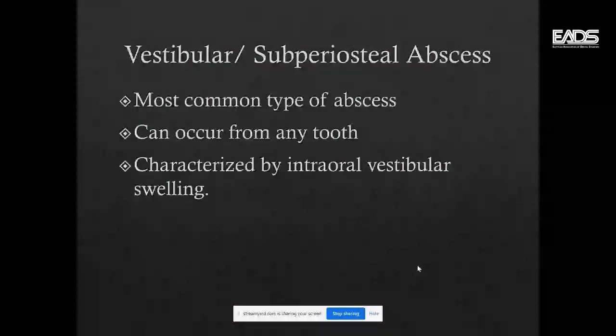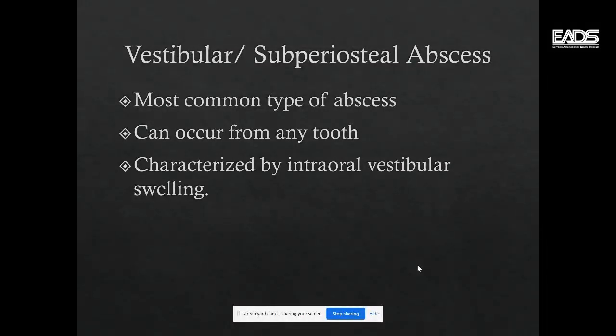The most common type of abscess is the vestibular subperiosteal abscess. Sometimes we might also have the very most common that we see usually, where we don't even need to go for incision and drainage, which is the periapical abscess.